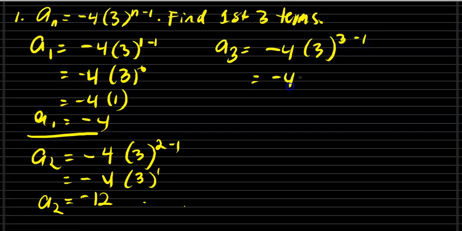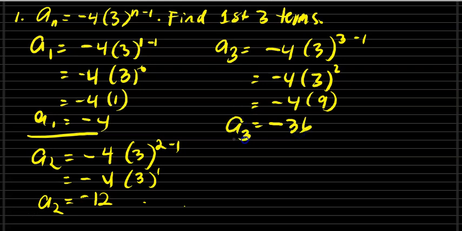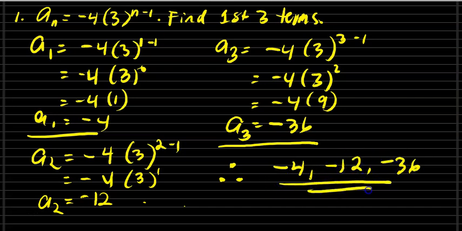It's going to give you -4 times 3 squared, which is 9. -4 times 9 is -36. So that's going to be your a sub 3. So the final answer, therefore, the first three terms are going to become -4, -12, and -36. That's your answer.